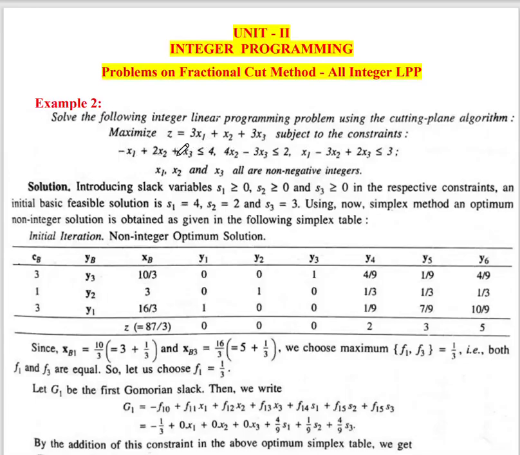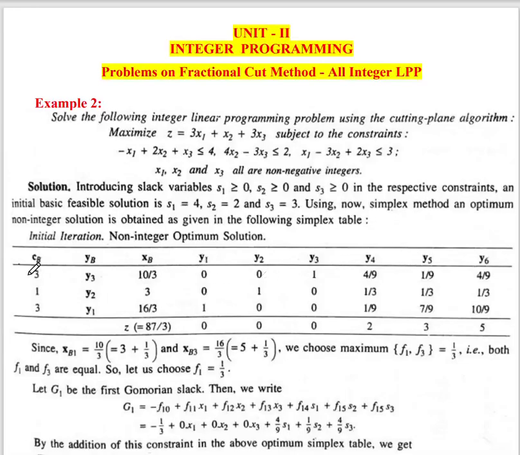The problem is given as maximize z equal to 3x1 plus x2 plus 3x3, subject to the constraints minus x1 plus 2x2 plus x3 less than or equal to 4, 4x2 minus 3x3 less than or equal to 2, x1 minus 3x2 plus 2x3 less than or equal to 3. Here x1, x2, x3 are all non-negative integers. So this is an all integer linear programming problem type.